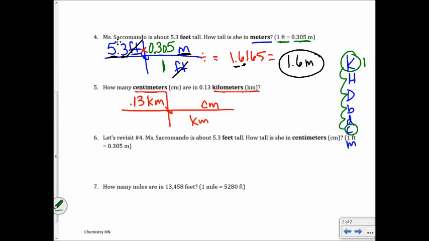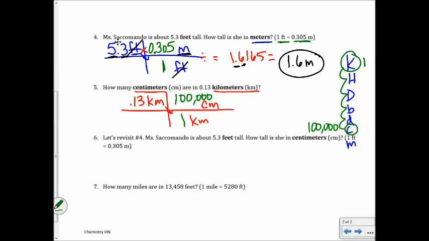So it ends up being 100,000. 5 zeros. And you end up getting your conversion factor here. So it would be 100,000 centimeters equals 1 kilometer.